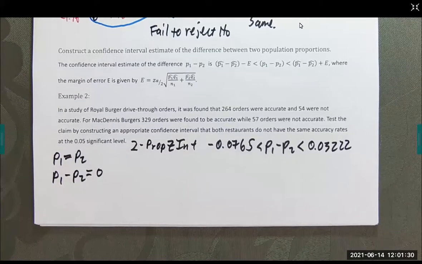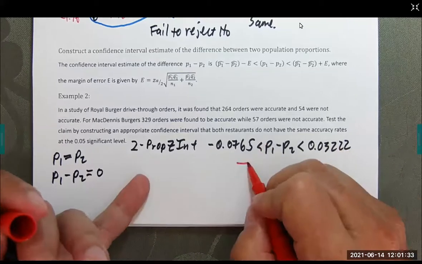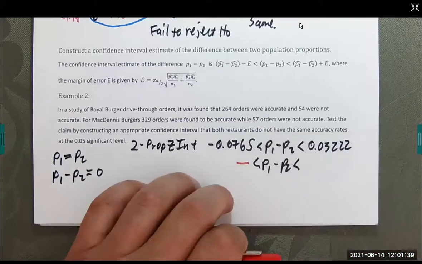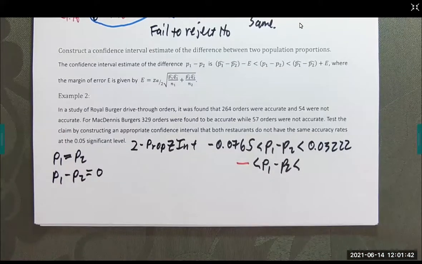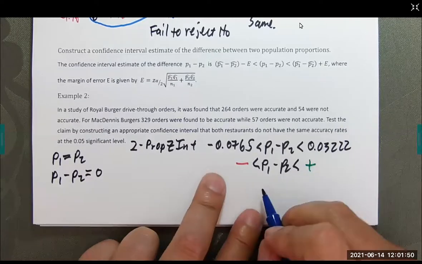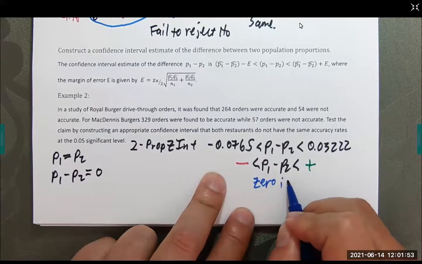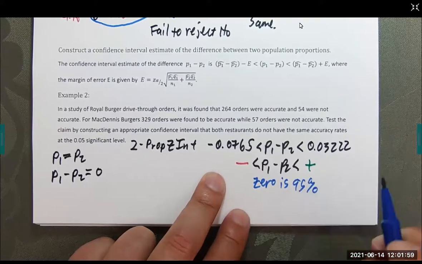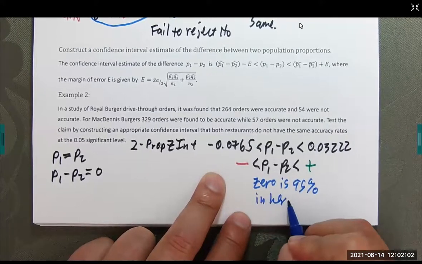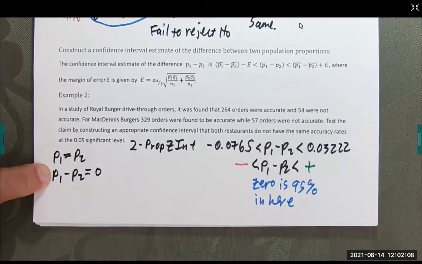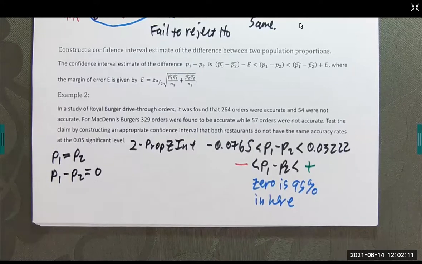And can you see that I'm actually going from a negative number to a positive number, which means 0 is in there somewhere. Which once again confirms that this is working, that we're going to fail to reject the null hypothesis.